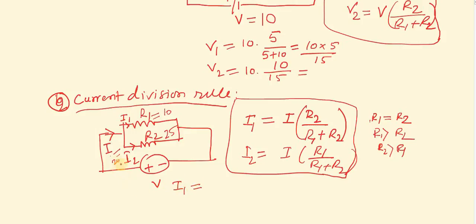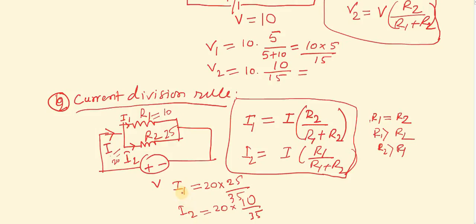I1 is equal to the total current 20 multiplied by, since we are finding the current I1 through R1, the resistance R2, which is 25 according to the current division rule, divided by the sum of the two resistances, 25 plus 10 is 35. And for I2, it is 20 into the resistance 10 divided by 35.